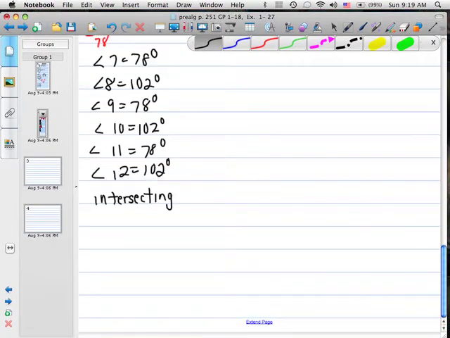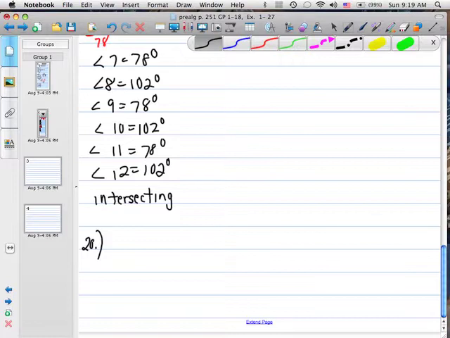Okay, the next section, thinking skills. Lines that do not lie in the same plane are called skew lines. So number 20, the figure at the right represents a box similar to an ordinary packing carton. Classify each pair of line segments as parallel, perpendicular, or skew.